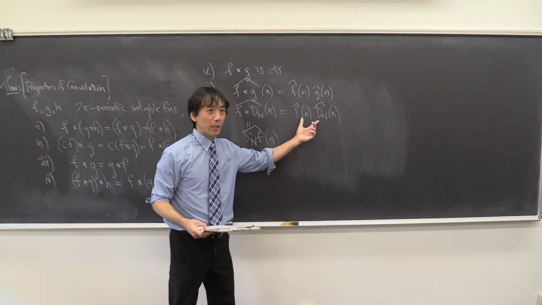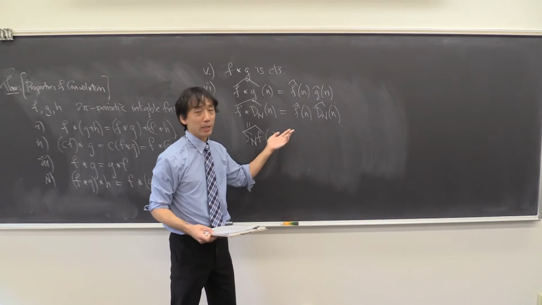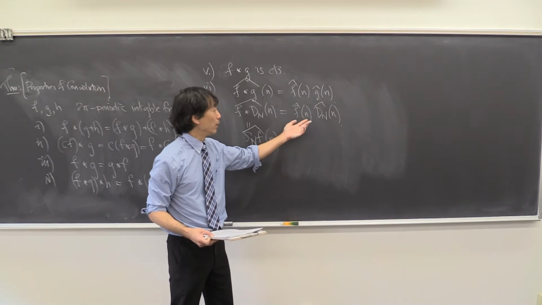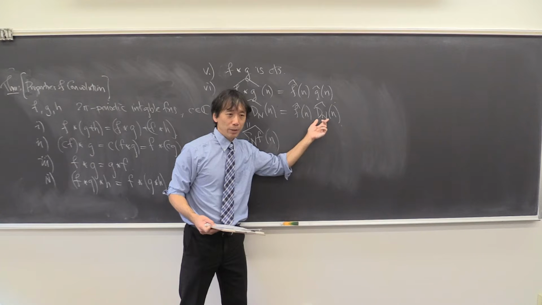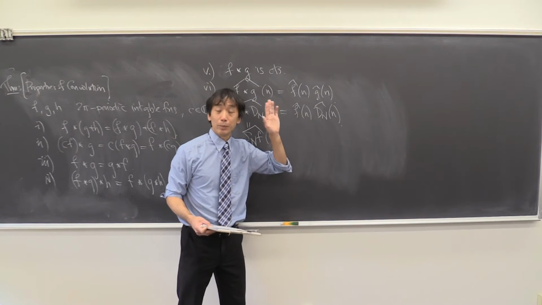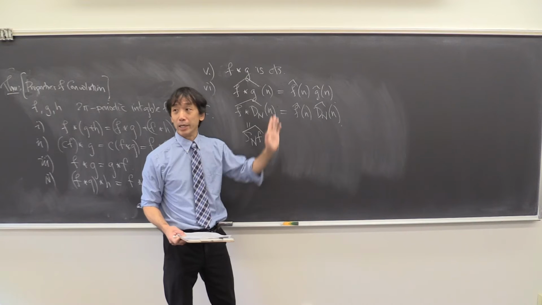Okay, but I hope that should actually be pretty clear to you, because remember, what are the coefficients of the Dirichlet kernel? Anybody remember? It's going to be 1 between negative N and N, right?